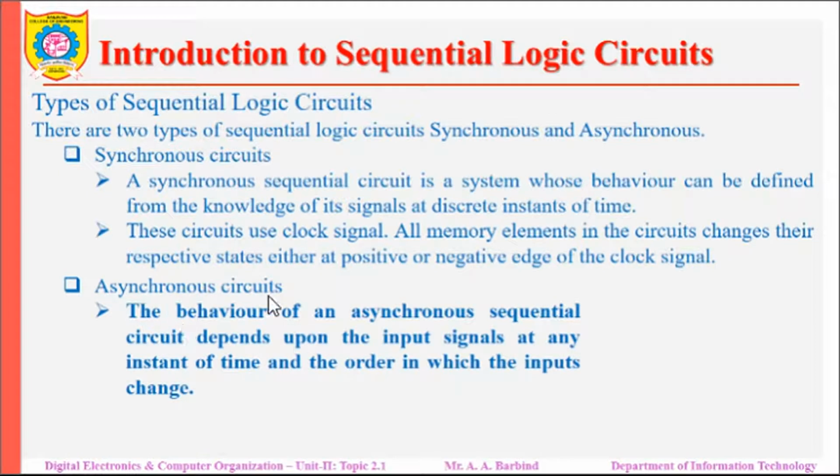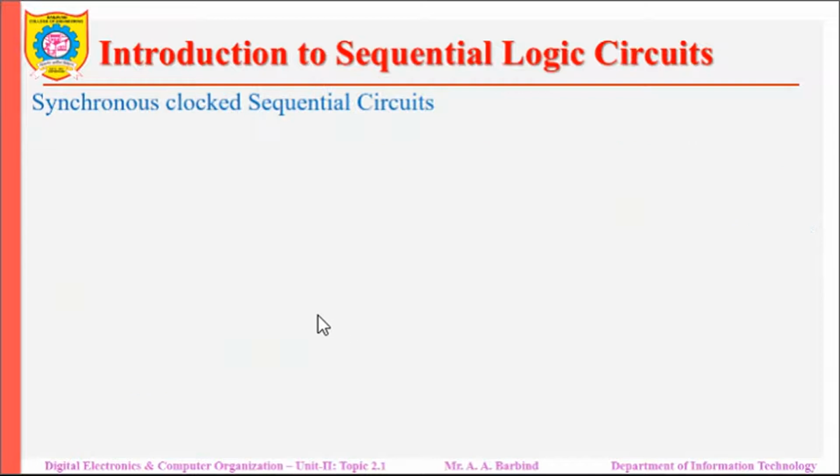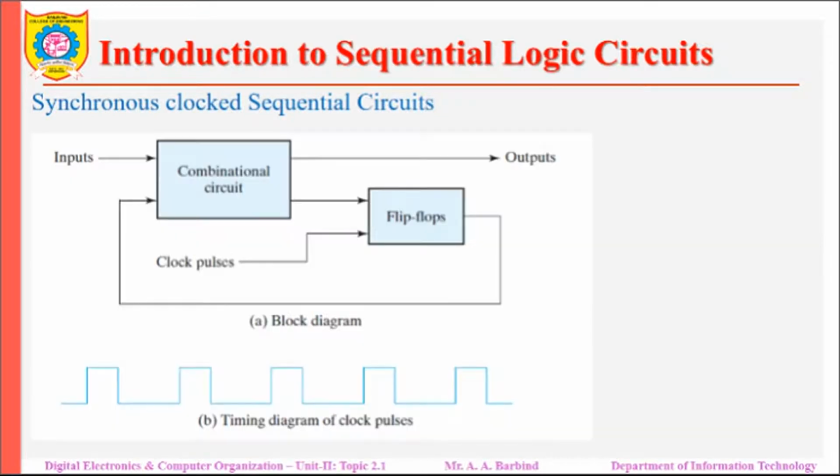Whereas in an asynchronous circuit, the behavior of the asynchronous sequential circuit depends on the input signals at any instance of time and the order in which the inputs change. The synchronous clocked circuits use clock pulses as shown in this diagram.